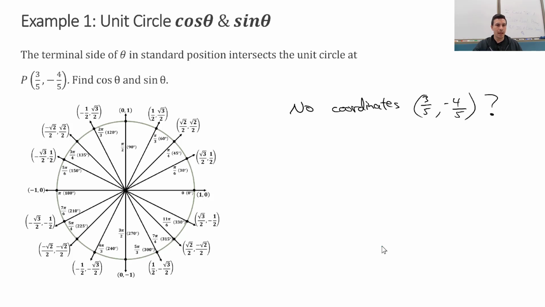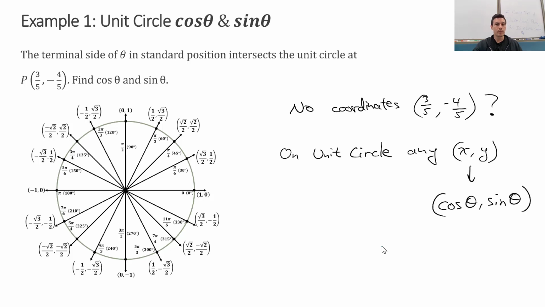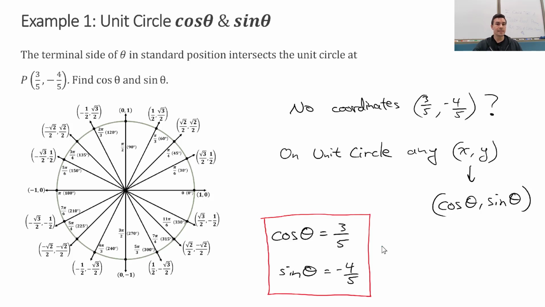But that's okay because, like I said, for any coordinates on the unit circle, we can express the x coordinate as cosine and the y coordinate as sine. So in this instance, my x value would be our cosine, and my y value would be the sine. So cosine theta would be 3/5, and sine theta would be -4/5.